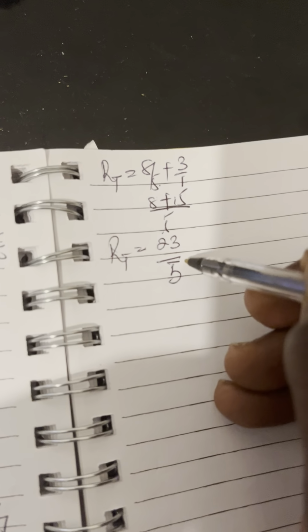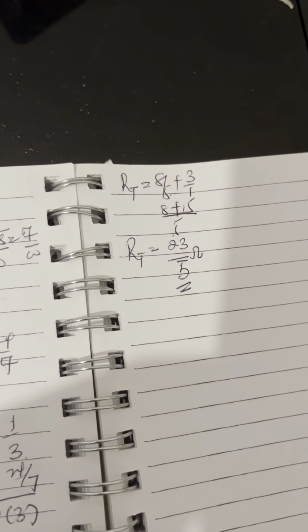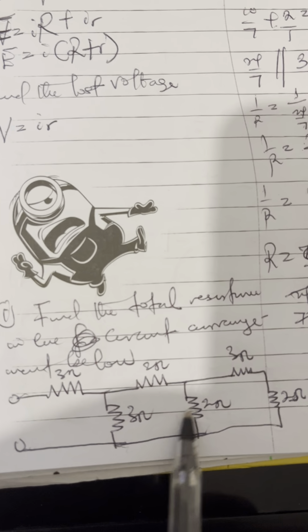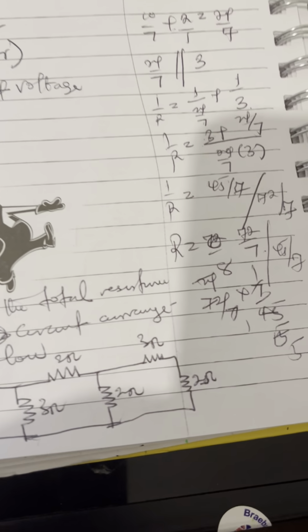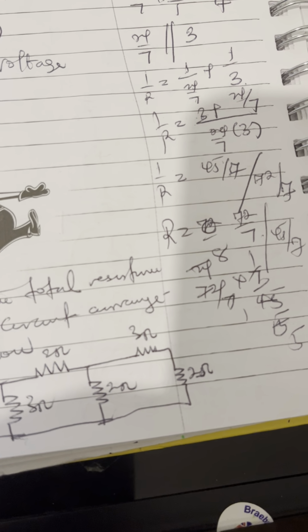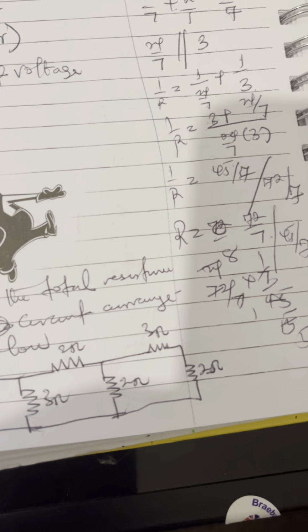Over 5 ohms. 23 over 5 ohms. So that is the total resistance of this circuit.